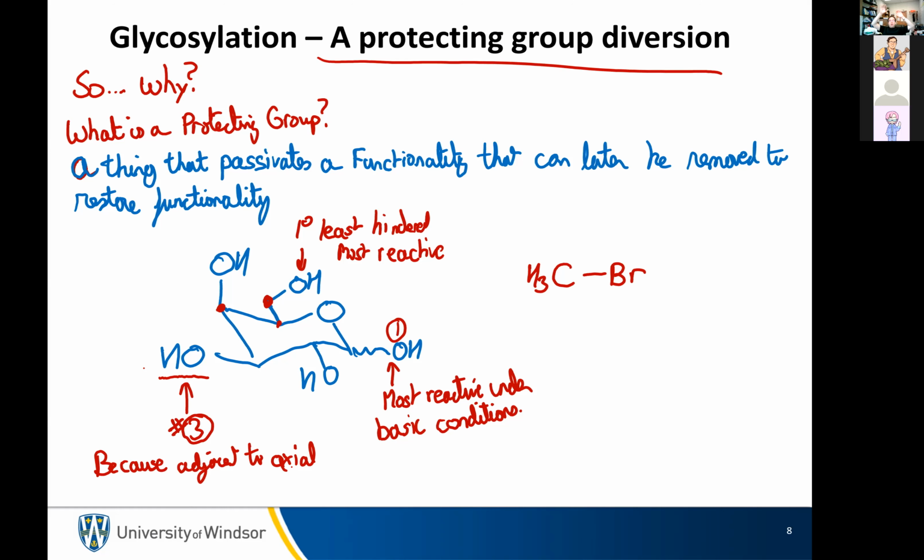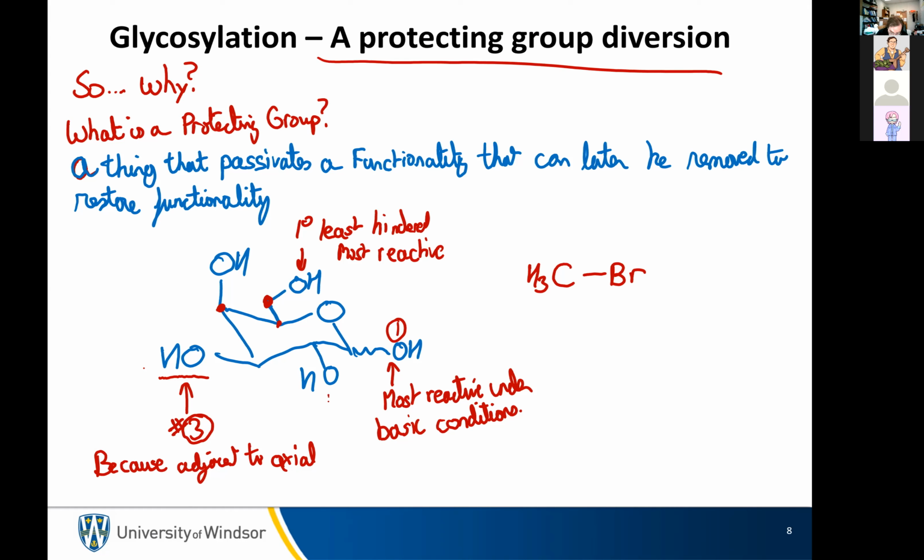We don't want things axial when we have a chair because of the 1,3 diaxial interactions, because of the hindrance. So axial substituents are less reactive than equatorial substituents. And an equatorial substituent adjacent to an axial substituent actually has more room than an equatorial substituent adjacent to other equatorial substituents. So being equatorial and adjacent to an axial is good.